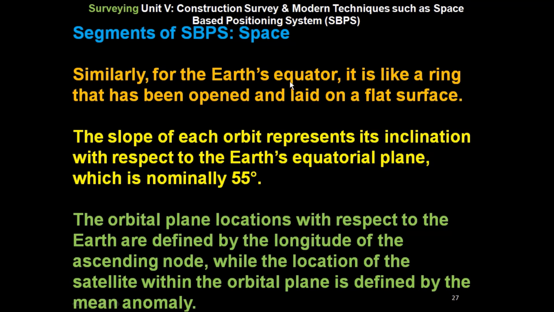Similarly, the Earth's equator is like a ring that has been opened and laid on a flat surface. The slope of each orbit represents its inclination with respect to the Earth's equatorial plane, which is nominally 55 degrees. The orbital plane locations with respect to the Earth are defined by the longitude of the ascending node, while the location of the satellite within the orbital plane is defined by the mean anomaly.